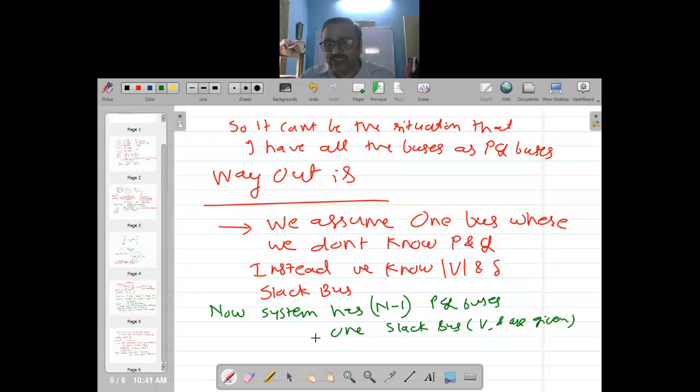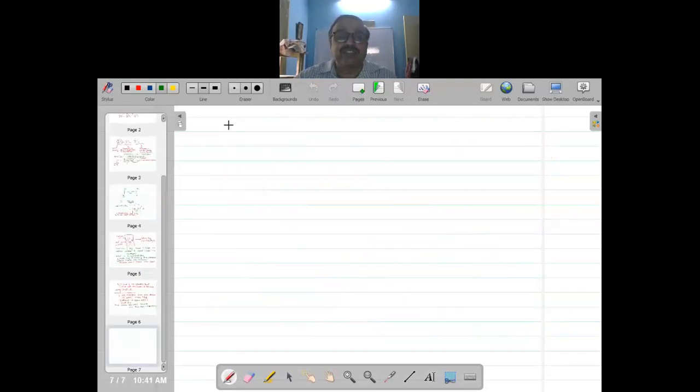It still satisfies the mathematical equation, but it does not create that contradiction. And that slack bus is generally the largest generator in the system.